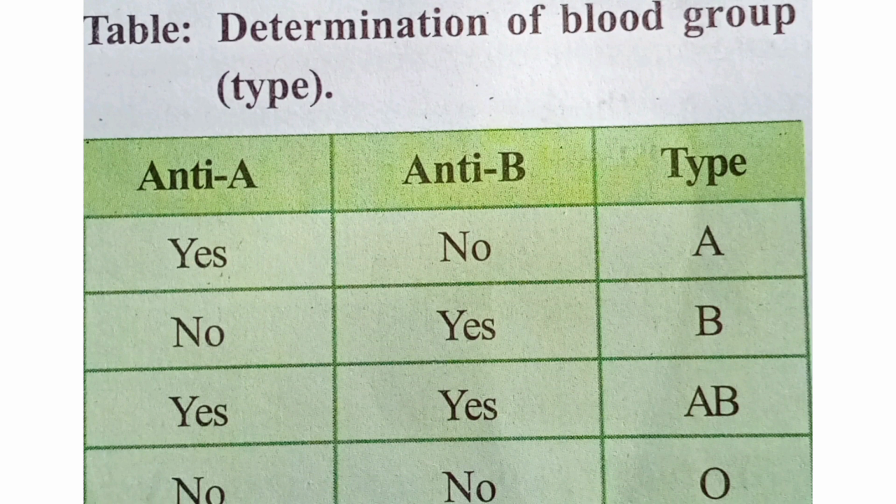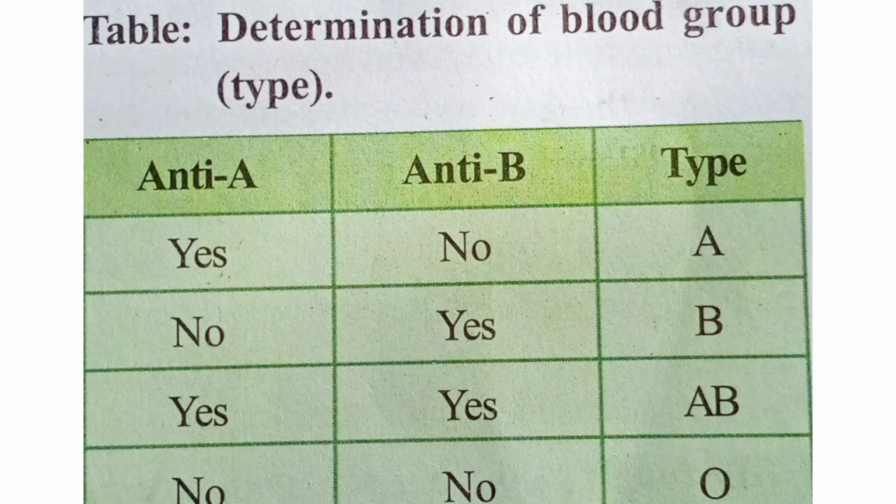Table: determination of blood group. Observe the table, students. Consider anti-A and anti-B. If the agglutination in anti-A is yes and in anti-B is no, then the type is A. Next, if the agglutination in anti-A is no and in anti-B is yes, then the type is B. Students, clear?